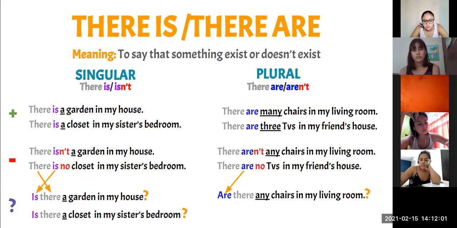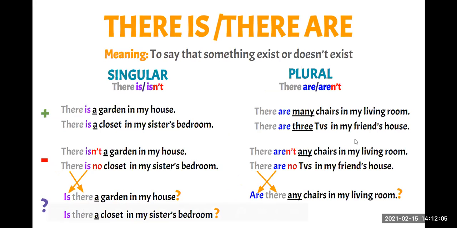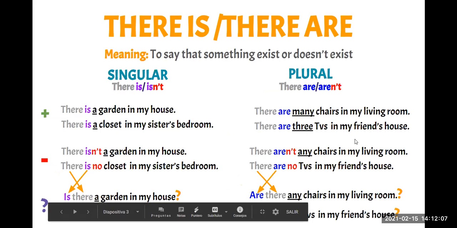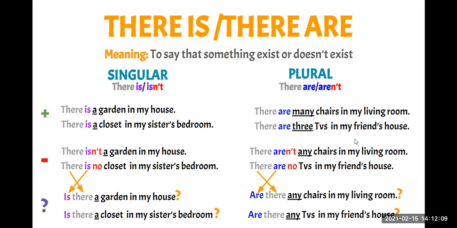So we can say, are there any chairs in my living room? Or we can say, are there any TVs in my friend's house?